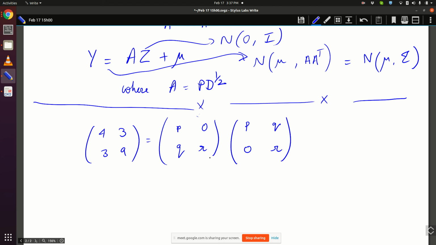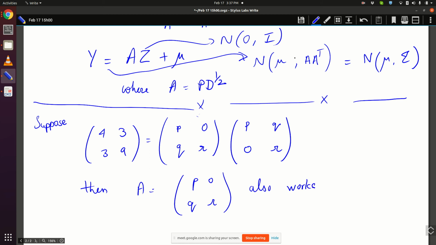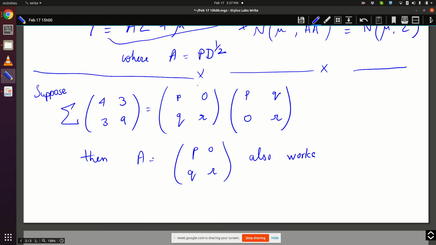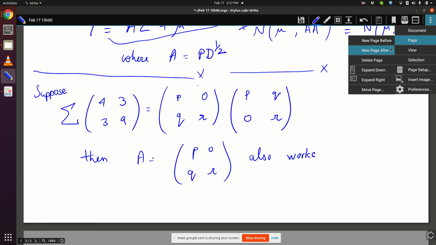If that P Q R exists, that also gives me the same decomposition, so A equal to that matrix also works, because mu will be separately added. When I multiply A times A transpose, if I get 4 3 3 9, which is the same as sigma, I am done. Why we are doing it, you will soon see, but let's continue.